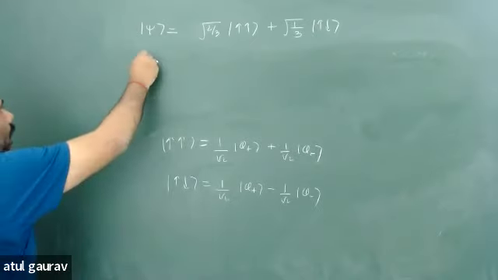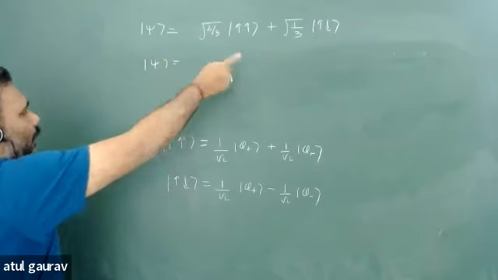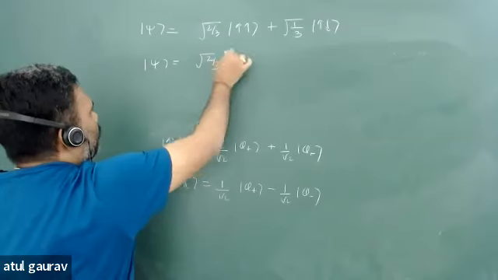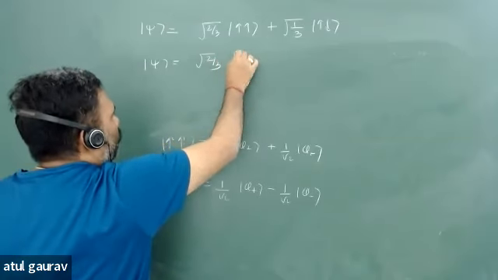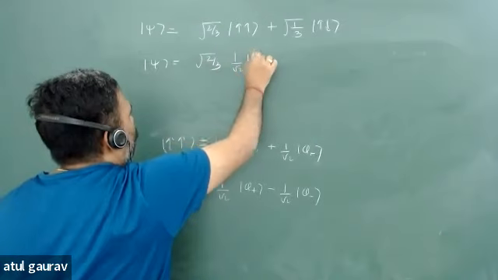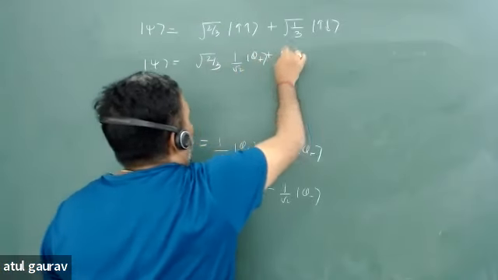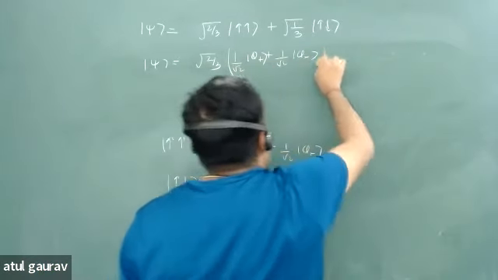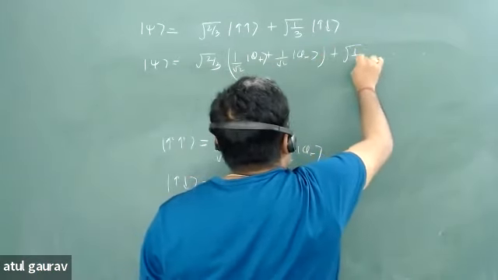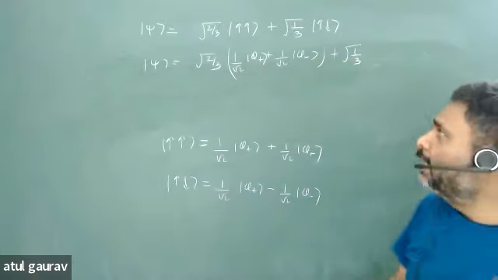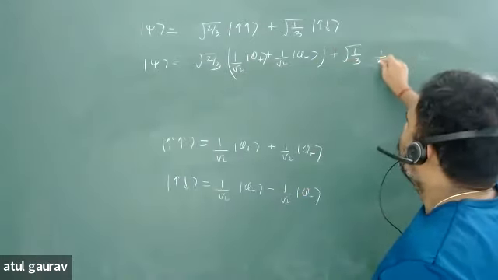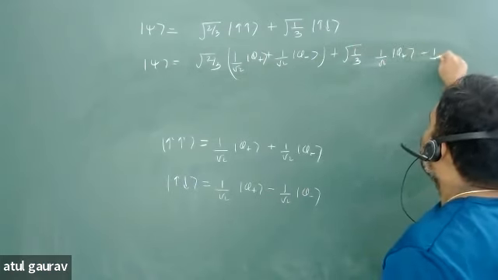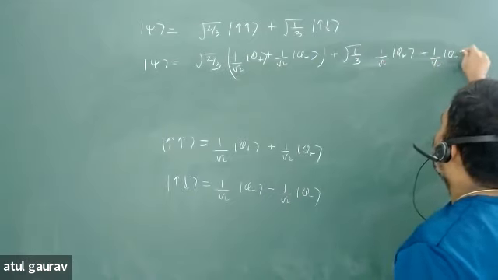So my psi in the basis of eigenstates of Sx is given by root 2 by 3 times 1 by root 2 phi plus plus 1 by root 2 phi minus, plus 1 by root 3 times 1 by root 2 phi plus minus 1 by root 2 phi minus.